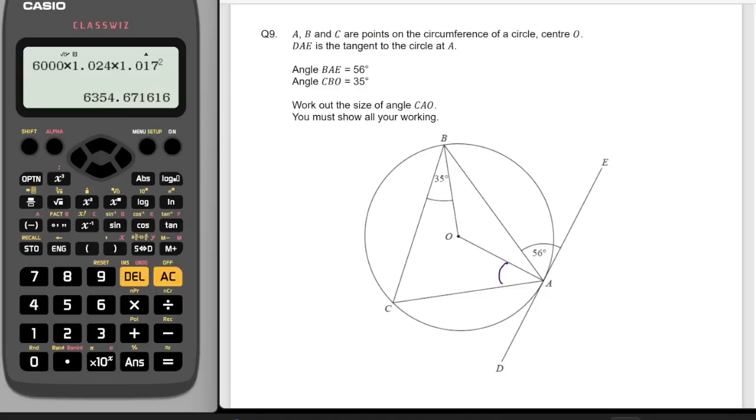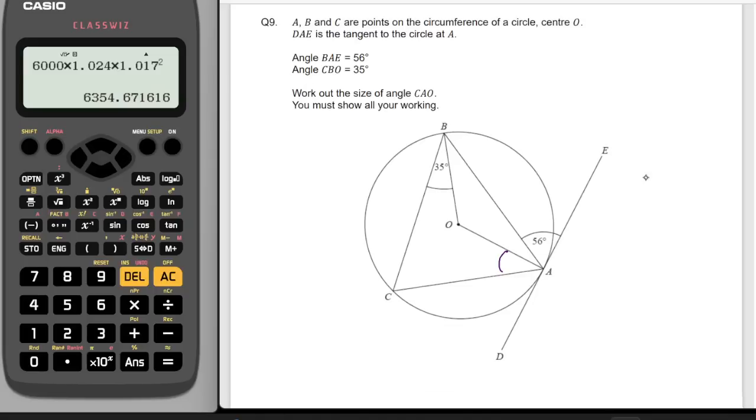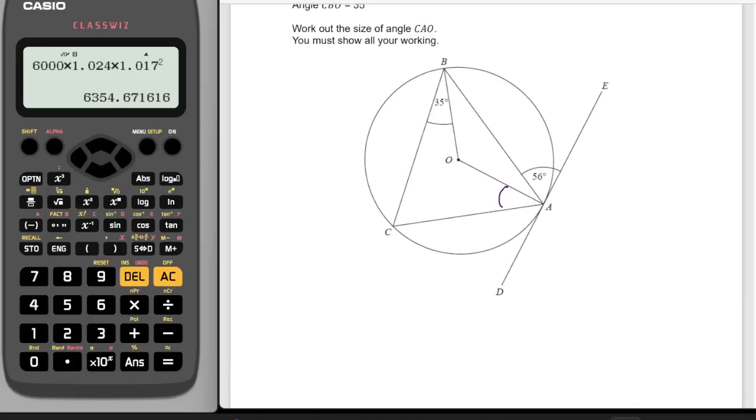Okay, so I'm going to do this in hopefully a logical way. So what I'm going to say is this angle here would also be 56 because it is the alternate segment theorem.